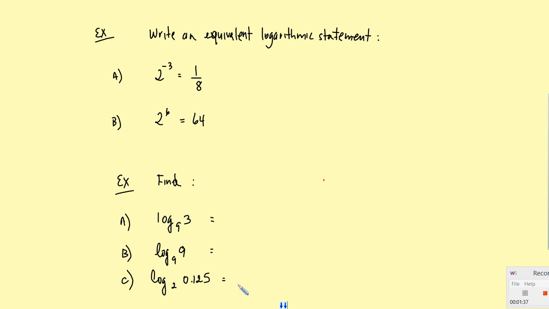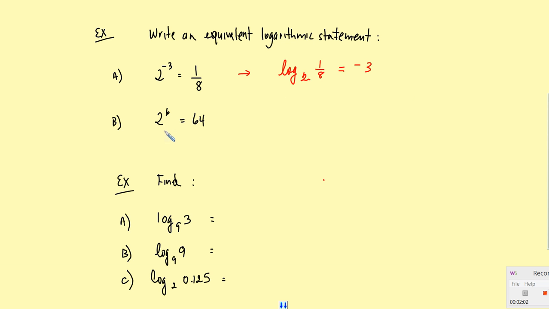Okay, so let's very quickly take a look at some of the examples again. If I have 2 to the negative 3 equals 1/8, and I wanted to rewrite that as a logarithm, then as a logarithmic statement it would be log base 2 of 1/8 has to equal negative 3.